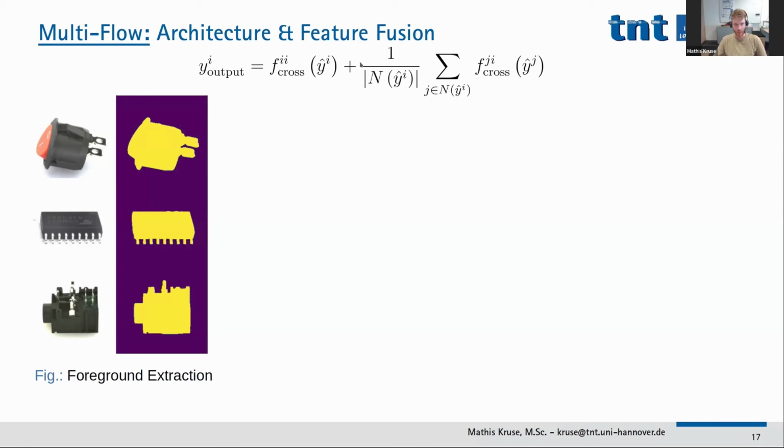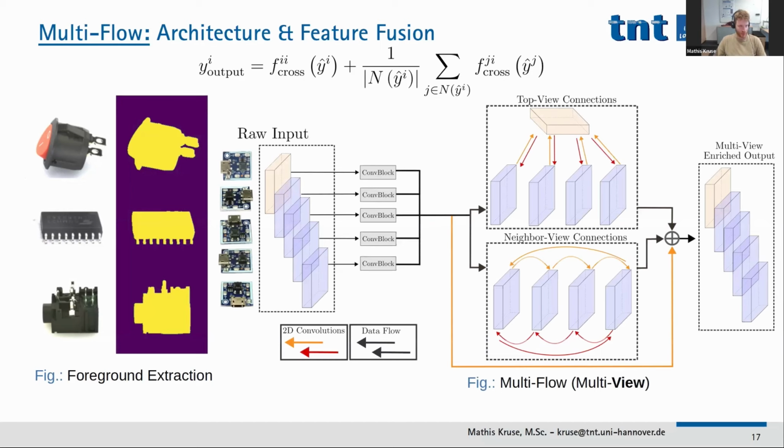And then I add onto it a weighted sum across all the neighbors of this view, which are also processed through their own convolutional blocks. So essentially, each view has a feature vector, which is pre-analyzed with a convolutional block. And then this one connection is just for this view by itself. And then there is another weighted sum across the other connections within the views.